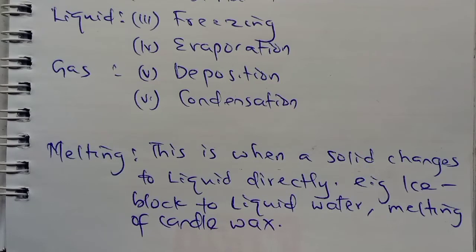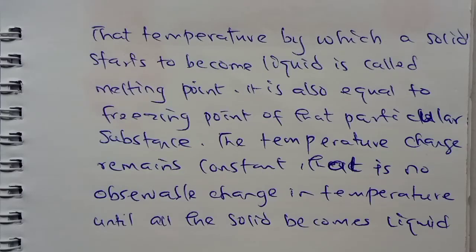You should understand that the opposite of melting is freezing. The particular temperature at which a solid becomes liquid is called the melting point, and the point at which a liquid becomes solid is called the freezing point. The melting point is equal to the freezing point of that substance.